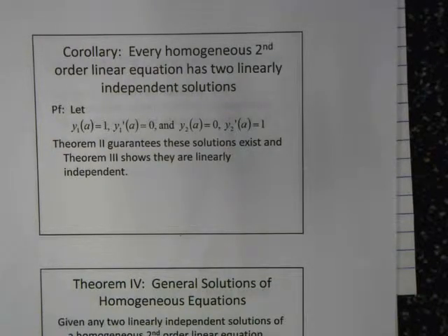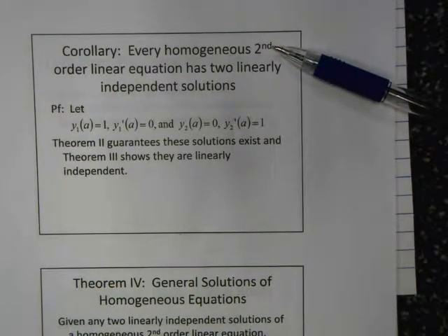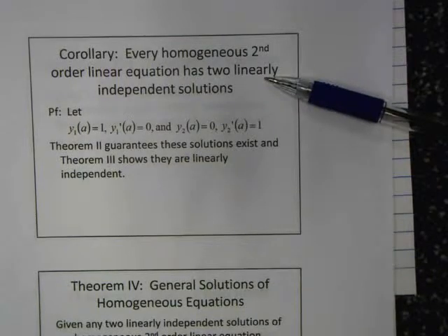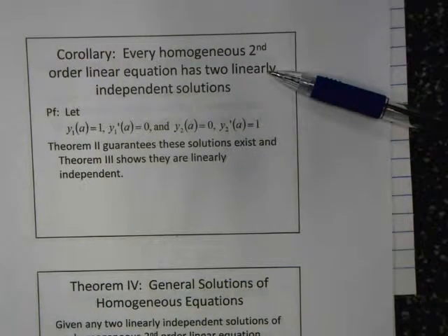So this theorem says if you start with a second-order differential equation, you're guaranteed that you can find two different solutions. Before, we had a theorem that says we guarantee you can find one solution. This one now guarantees you can find two solutions. If you have a second-order differential equation, how many solutions do you think there are?